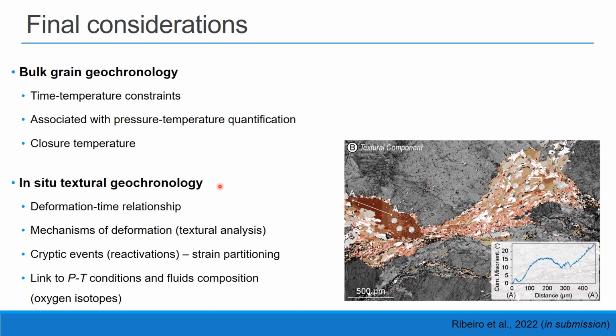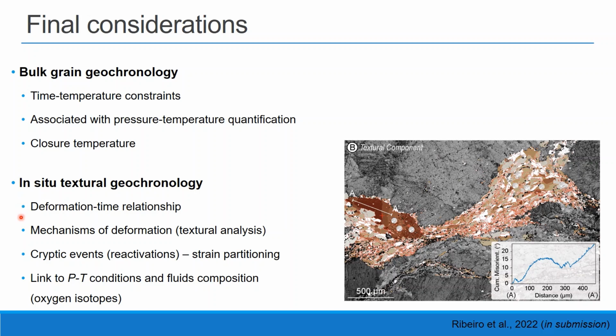But when we go for in situ textural geochronology, you have a much higher resolution in regards to the deformation and time relationship. You can say that at a certain time, so in my rock, for example, at 590, there was a cryptic reactivation event at lower temperature that wasn't able to thermally reset the other minerals or the other mica microstructures, for example.